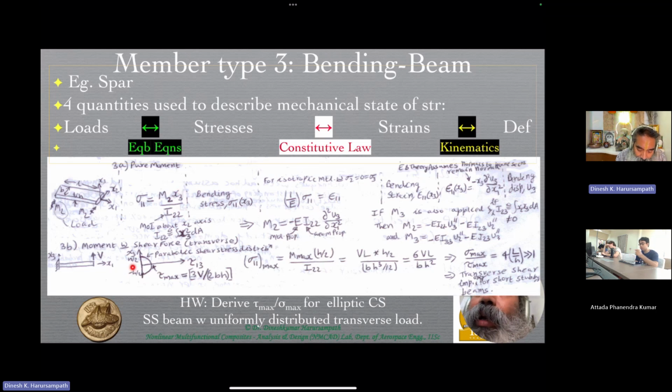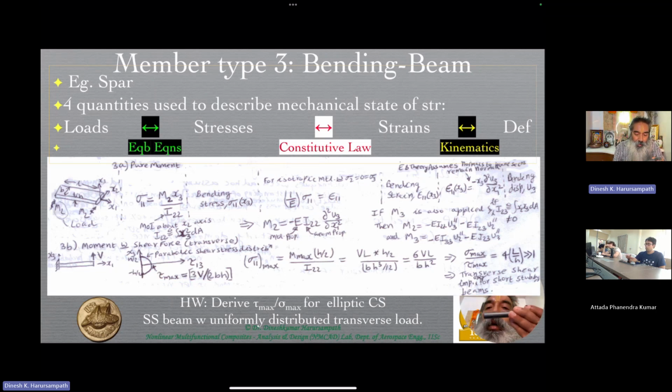On the other hand, the shear stress behaves in a slightly more complicated way. It's a quadratic behavior. In particular, it's a parabolic kind of distribution, and it reaches a maximum at the center. So it's exactly opposite of this. Sigma 11 reaches its maximum value, either positive or negative, at the extremes, at the outer surface, that is the topmost surface or the bottommost surface.